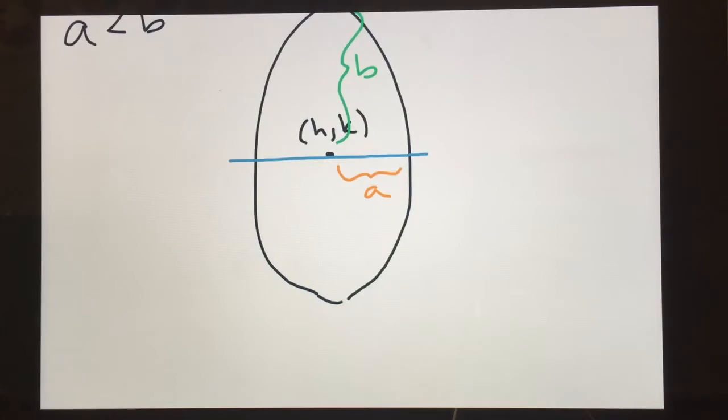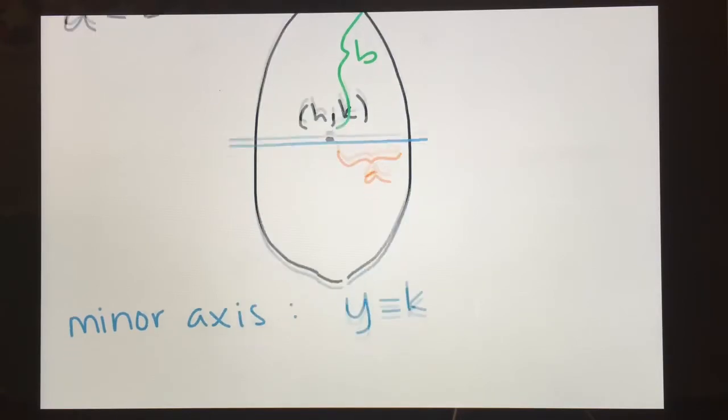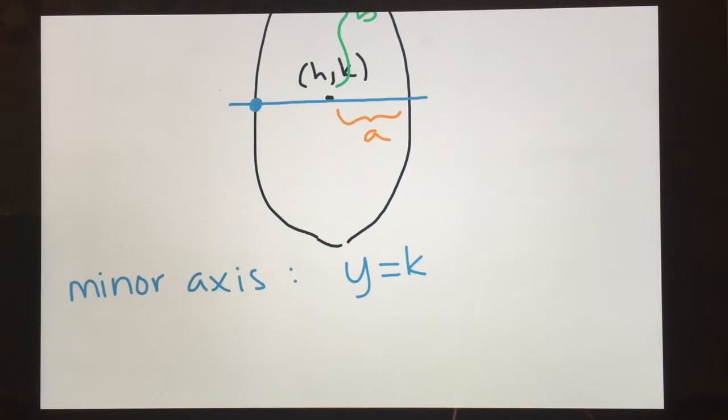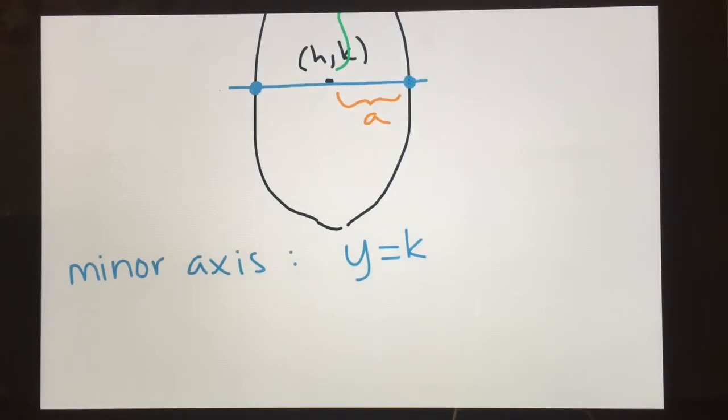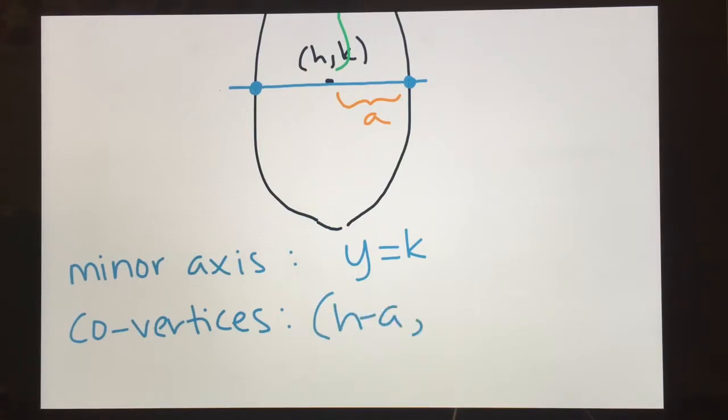And so my minor axis is going to be a horizontal line, y equals k. And this time, since it's the minor axis, I'm finding the co-vertices. The co-vertices from the minor axis went a distance left A and right A. So h minus A, k, and h plus A, k.